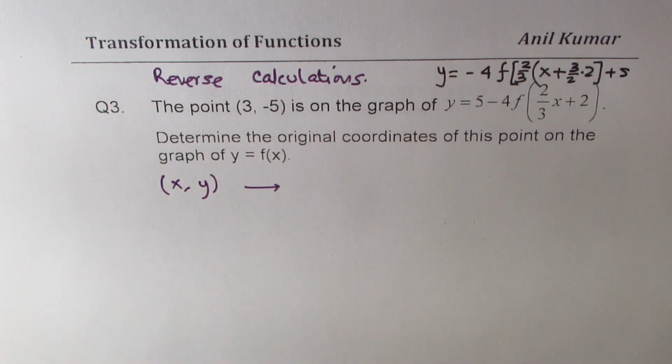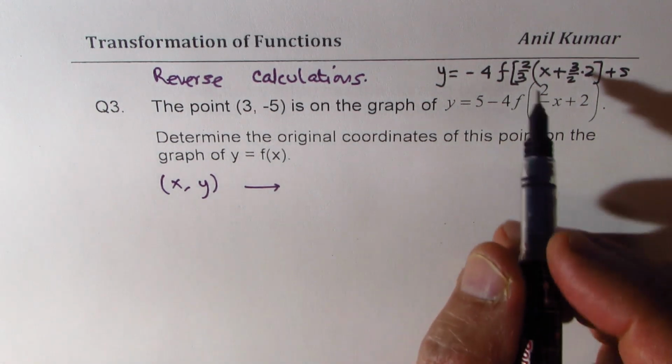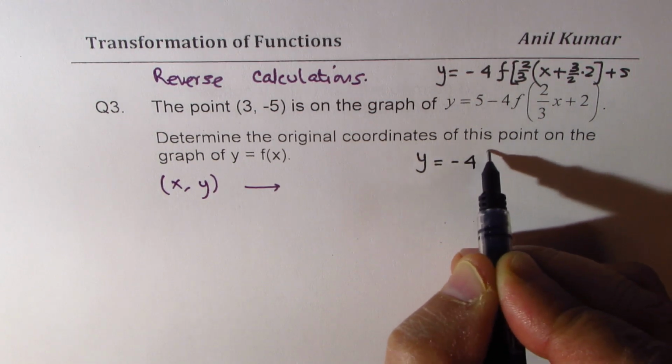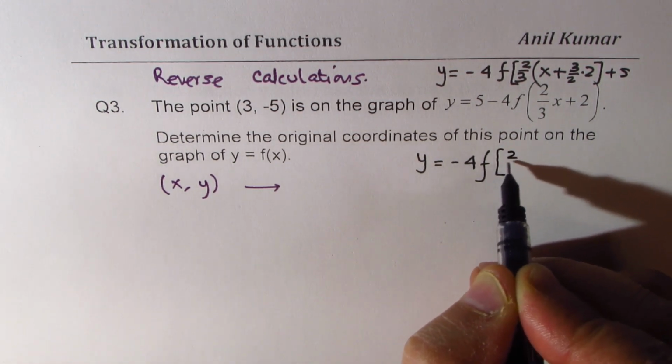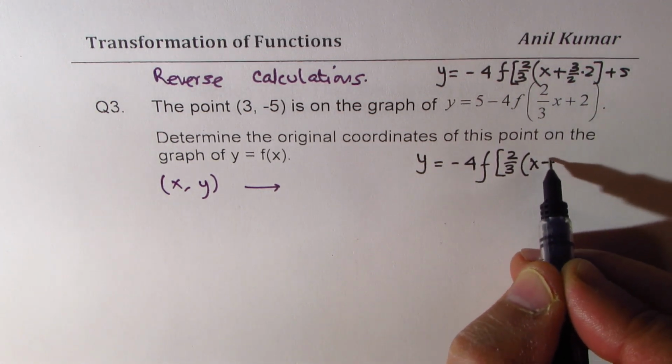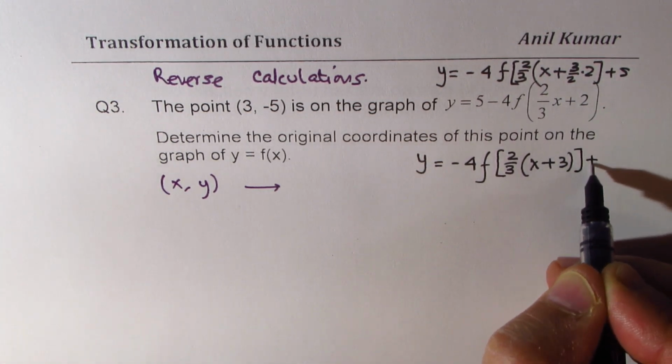Do you see that? So that is the function for us. Let me rewrite this as y = -4f(2/3 x + 3) + 5, as the 2 and 2 cancel.